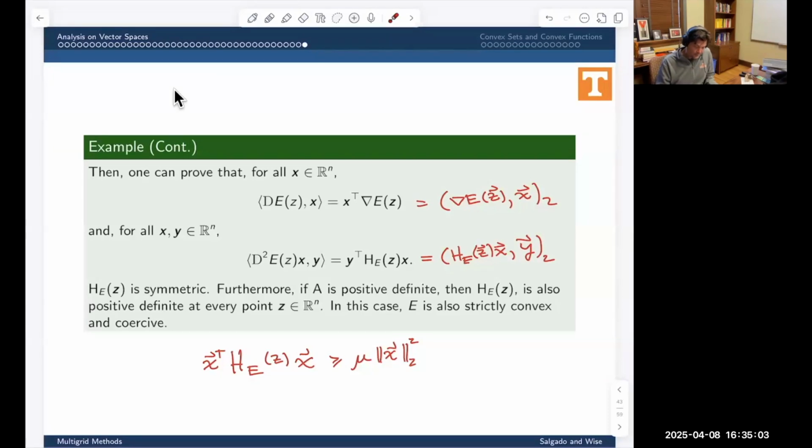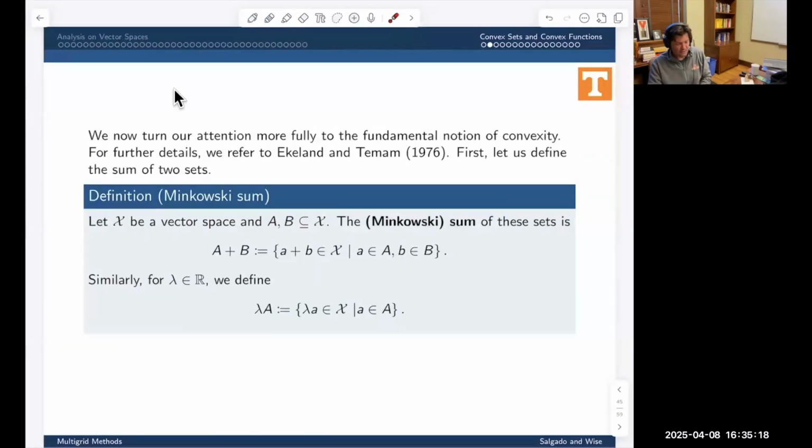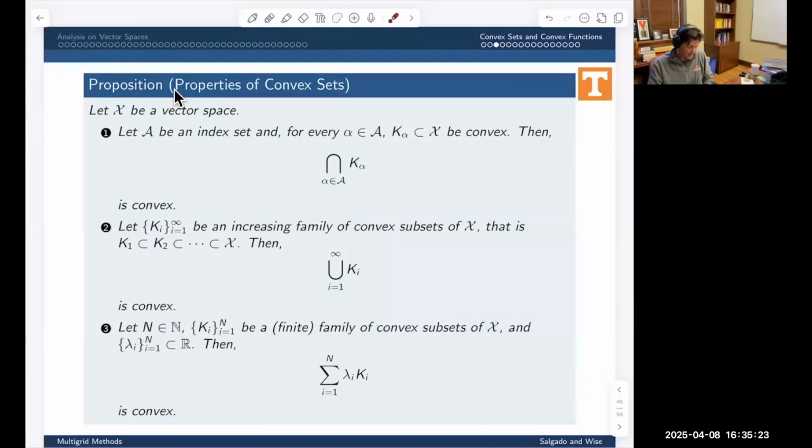Okay, so now we are officially into the second section, even though truthfully we started into this section last time. So I'll just thumb through a few of these things. We proved last time that if I combine convex sets in certain ways, by taking certain unions or intersections, or if I combine them in linear combinations, the convexity of the sets is retained.